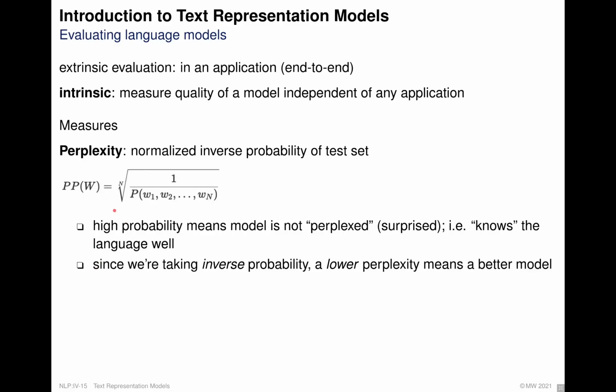Since we are taking an inverse probability here, in practice it means that the lower the perplexity, the better the model.